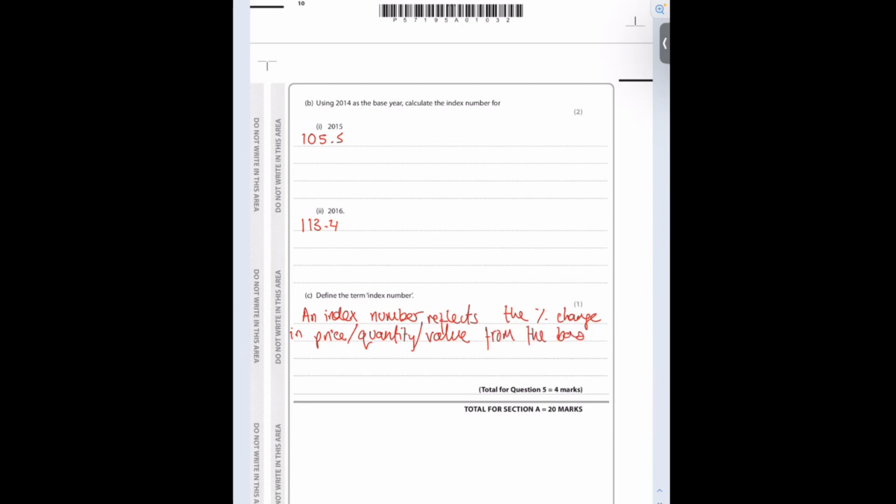You might have a different definition, that's fine. I guess you could also say that it reflects the changes in the price or quantity, or an economic data figure that represents the change in the price or quantity over a given time period.